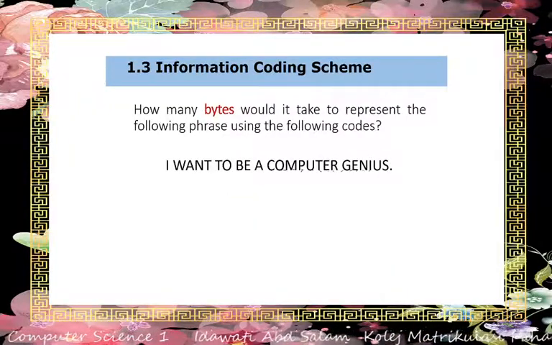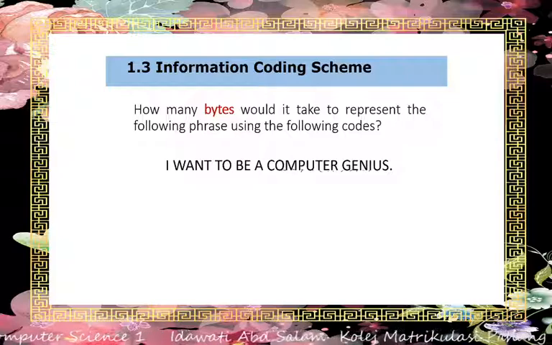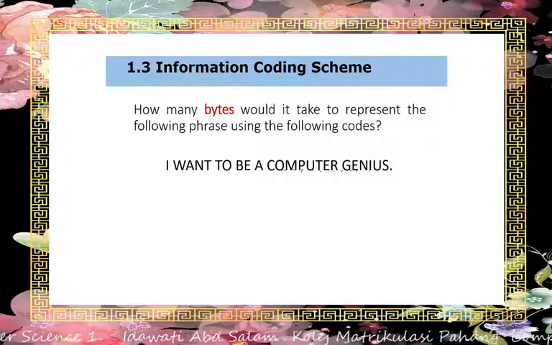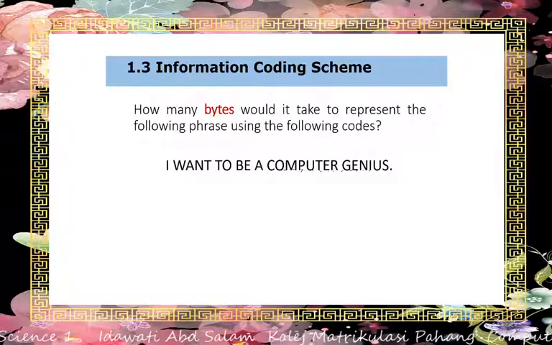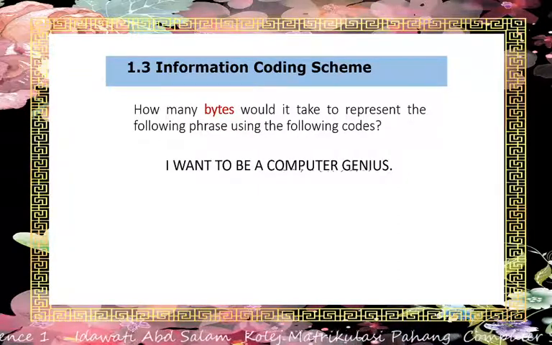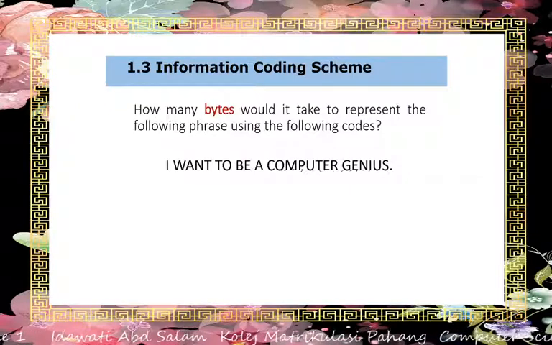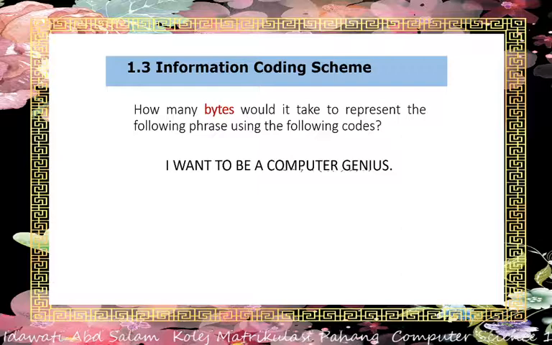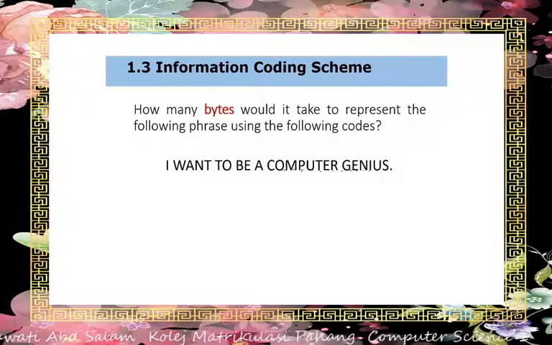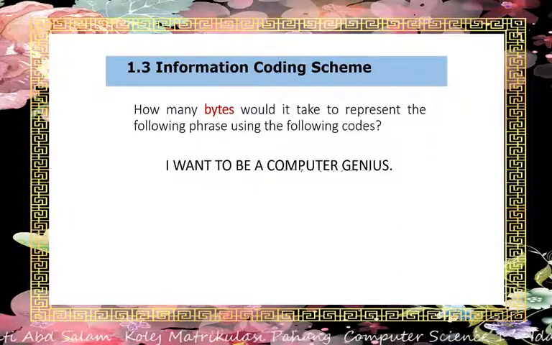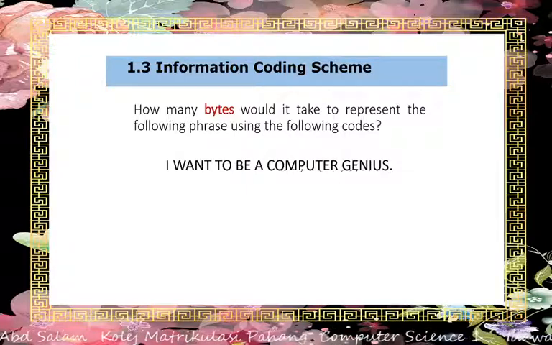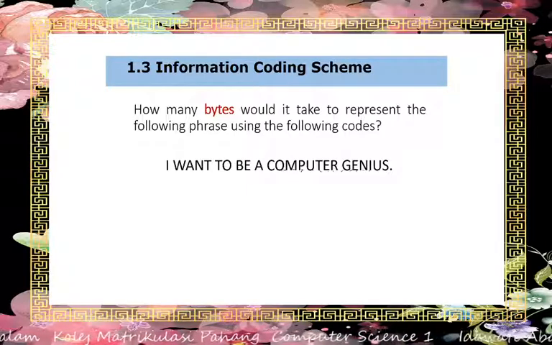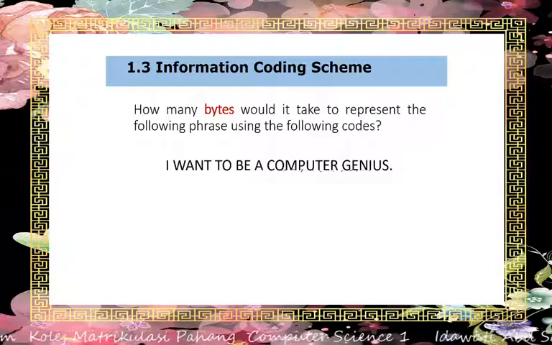Alright, just now we have learned how to calculate bits in a given phrase. Now we are going to learn how to calculate bytes in a given phrase. So let us recall how many bytes in ASCII, EBCDIC, and Unicode.